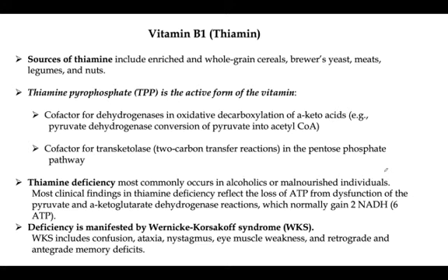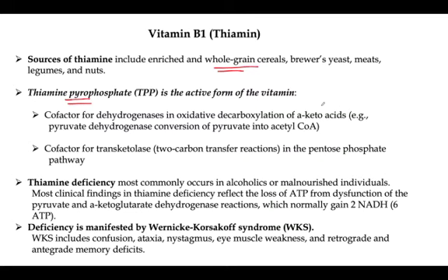So let us start with vitamin B1, which is also known as thiamine. The most important source of thiamine are whole grains, especially unpolished rice. And the active form of vitamin B1 is thiamine pyrophosphate.